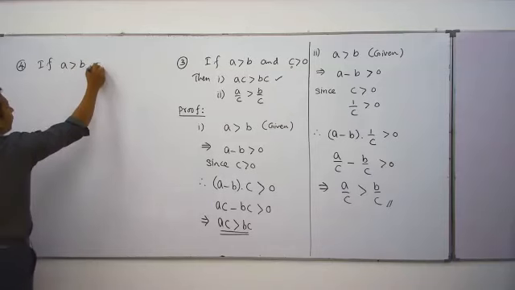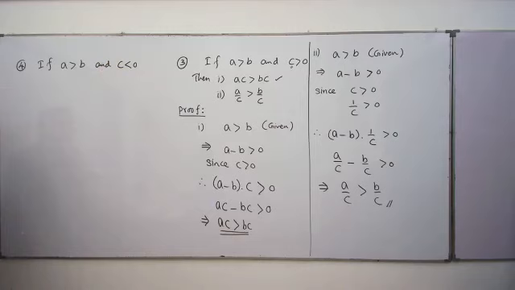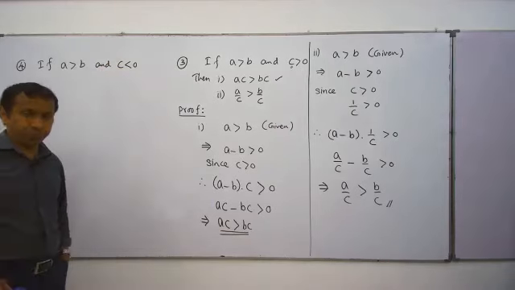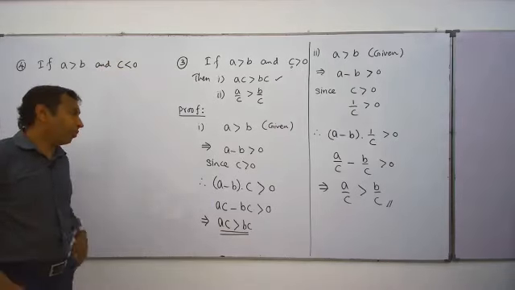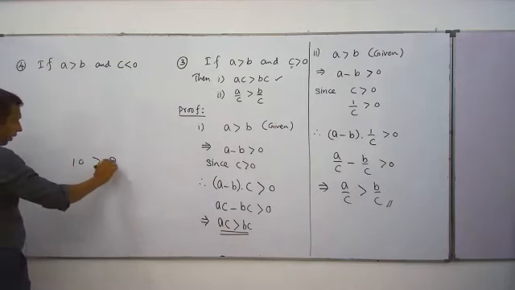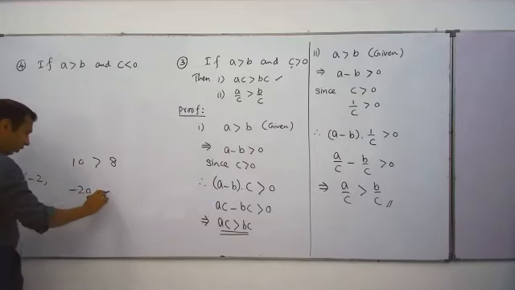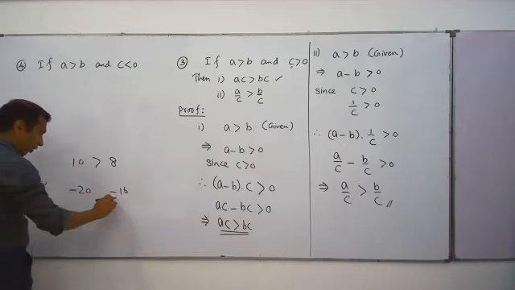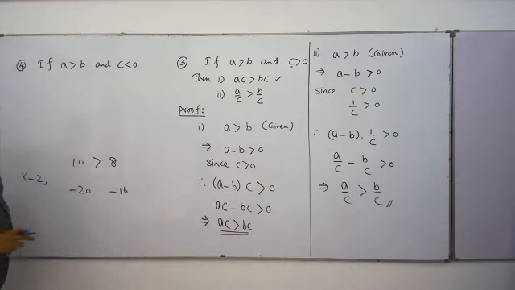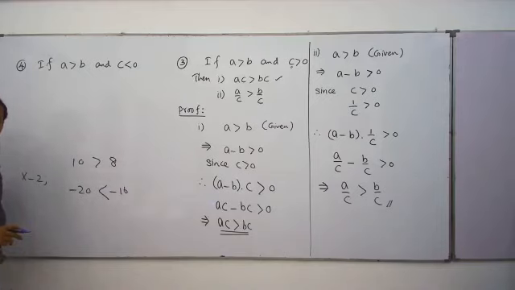If A greater than B and C less than 0, C is negative. Now, take something like this: 10 greater than 8. I multiply both sides by minus 2. What do you get? Left hand side minus 20, right hand side minus 16. Out of these two, people, which is bigger? Bigger is this one now.